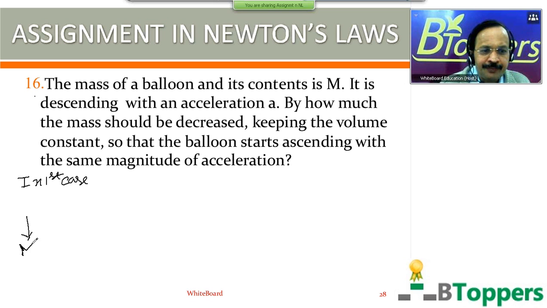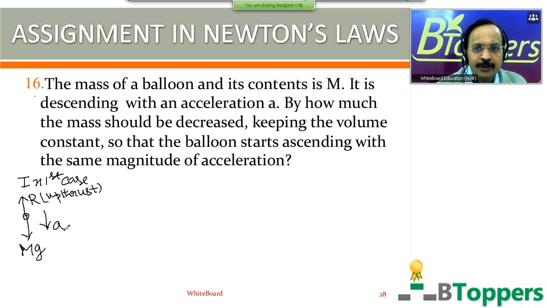In the first case, weight mg acts vertically downwards, which is the gravitational force on the balloon by the earth. Secondly, the upward force of buoyancy or upthrust acts upwards. So in the first case, the balloon is moving vertically downwards with an acceleration of magnitude a.